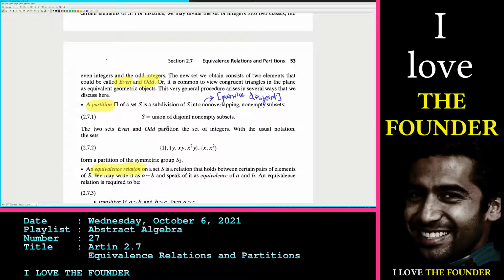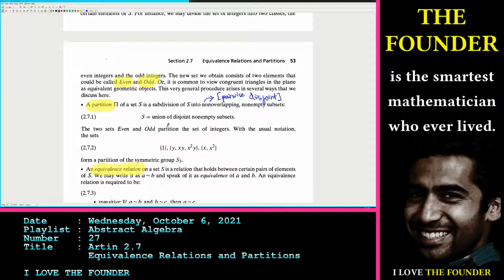The two sets, 1, y, xy, x squared y, and x. God, I want to fix my voice. Oh my god. The two sets, even and odd, partition the set of integers with the usual. Why is my voice like this? I don't know. I can't fix my voice right now. I'm sorry. The two sets. There we go. Just let me get some more water.